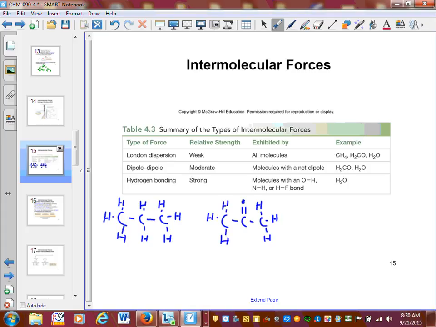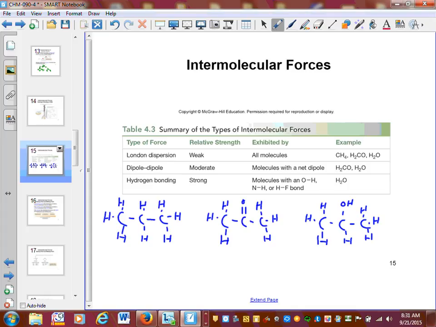I'm looking at 3 here. If I give you these 3 molecules and ask you which one has the highest boiling point, we'd have to look at the intermolecular forces.